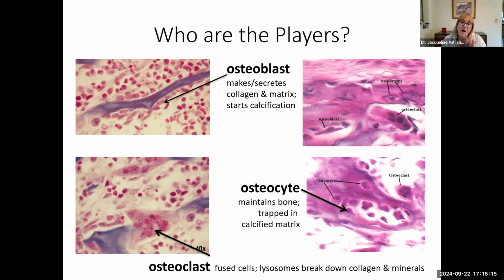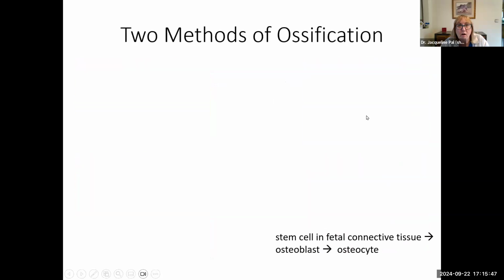And so when the osteoclasts are releasing the lysosomal contents, those digestive enzymes are going to be breaking down not only the collagen that's in the extracellular matrix, but also the calcified matrix and releasing the minerals, releasing the calcium so it can be absorbed into the bloodstream. All right. So those are the players that are going to be involved.